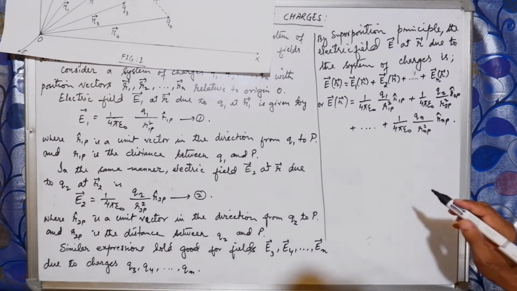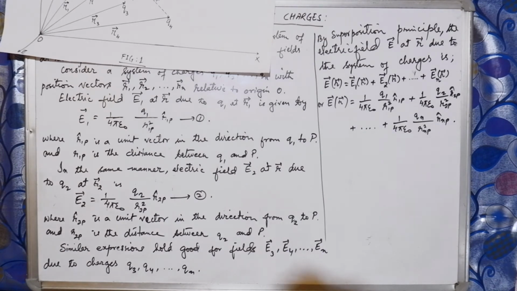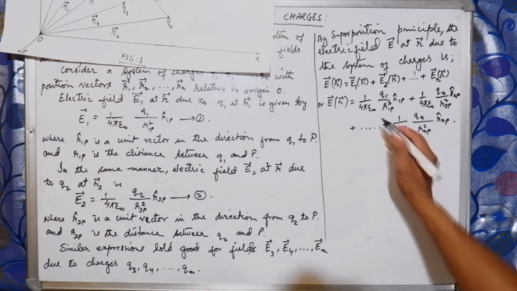Now we have seen that the term 1 by 4 pi epsilon naught is present in all the terms, so we take it common.